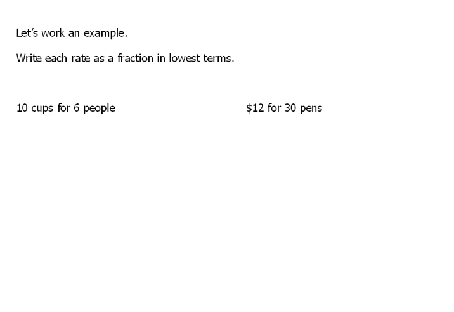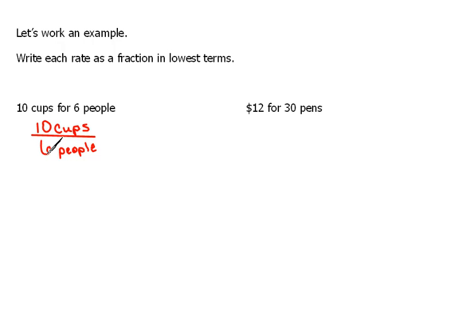Here we have an example, and our directions say write each rate as a fraction in lowest terms. So here we have a comparison of 10 cups for 6 people. So we're going to write that first as 10 cups compared to 6 people. Now we know this is a rate because our units are different, but we can see if we can simplify it. So for the 10 and the 6, they have a common factor of 2.